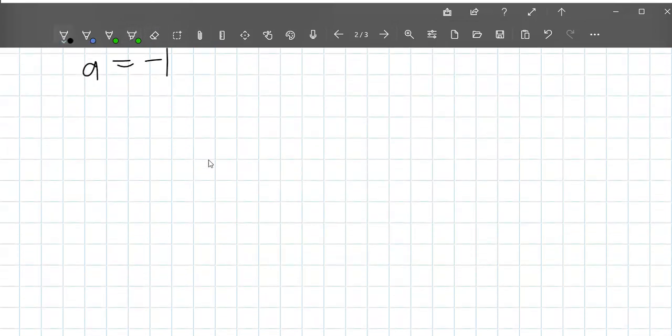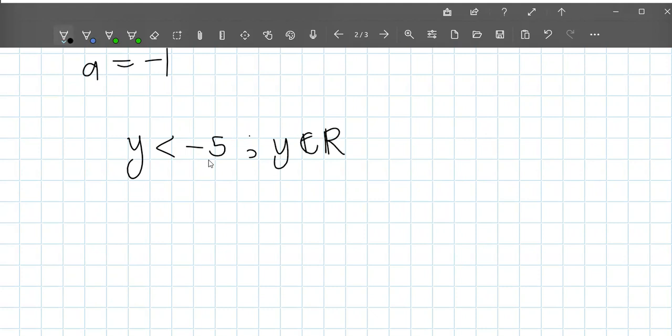So the range of G is that y is less than the y of the asymptote, which is minus 5. The y values are going to be less than the asymptote. And y is an element of the real numbers. So y is anything below the asymptote, not including the asymptote, and it's a real number.